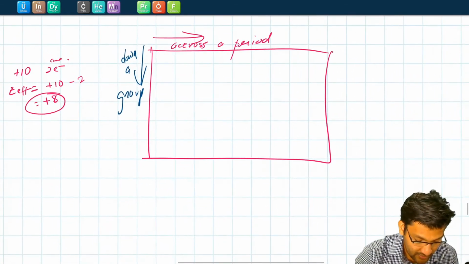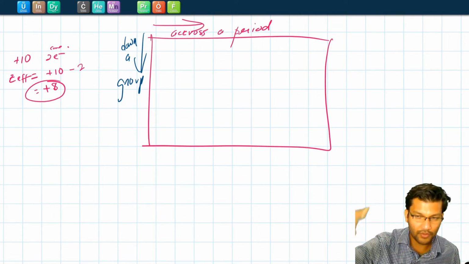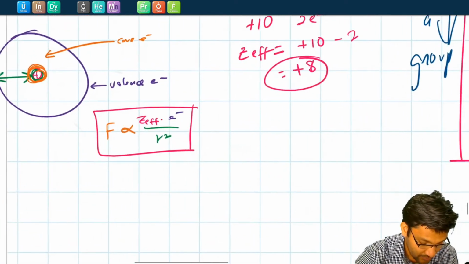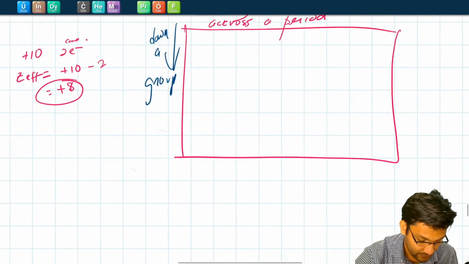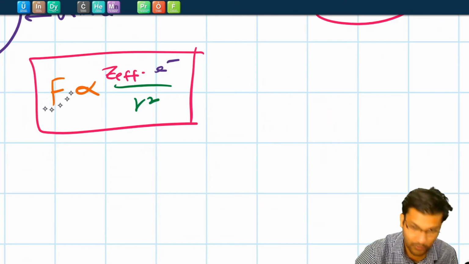So as we go down the group, we know that we keep adding more and more shells around the atom. So if we think about our model, we're adding more and more shells, so this distance is getting larger and larger, right? So if R gets larger and larger, the force gets weaker and weaker.